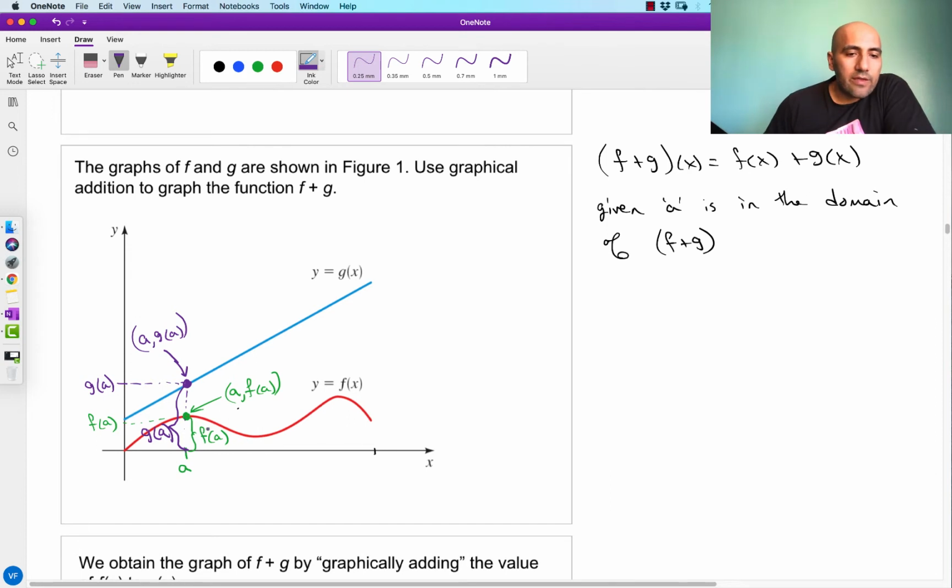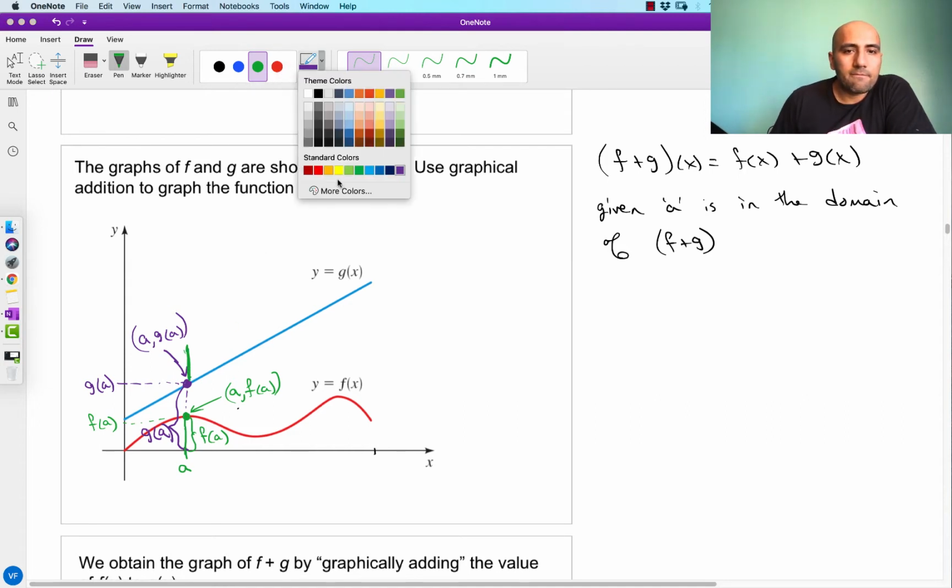Okay, so now if we take this little section right in here, this height, which is the f of a, and we add it to the top of this one, so if we add this height, which is the g of a, and we add to it a height equivalent to this one right here. So we kind of measure it, we take it, and we bring it right above. Then that means that this would be the new height. Let's see if orange looks okay.